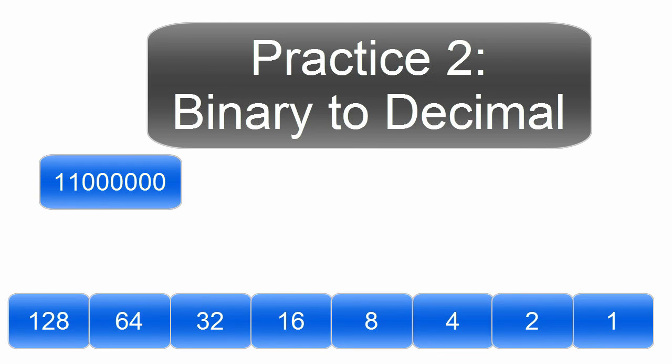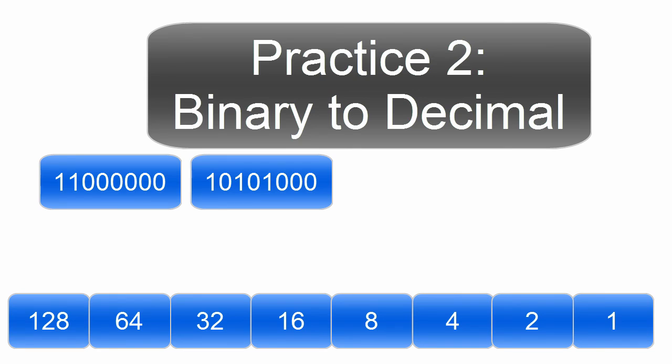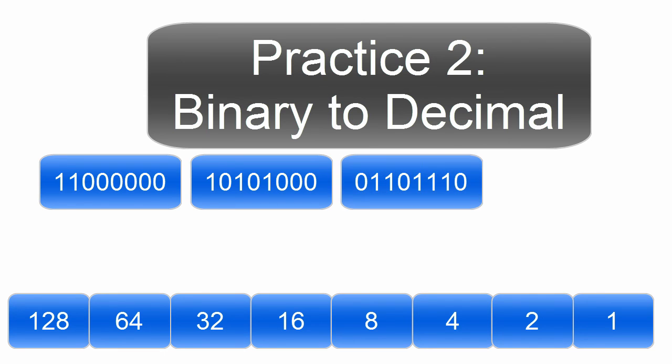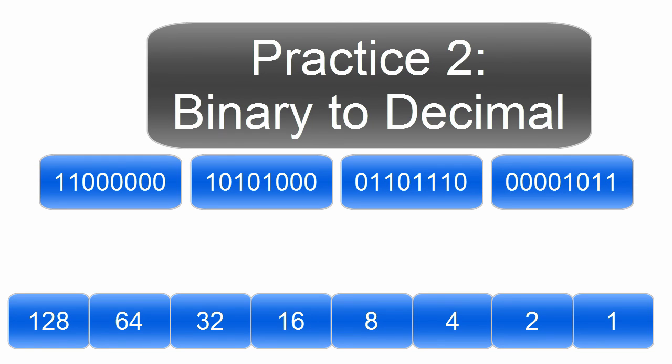The second octet is 10101000. The third octet is 01101110. And the fourth octet is 00001011. So go ahead and pause, work through that, work it back towards the decimal, and then unpause and we'll see how you did.